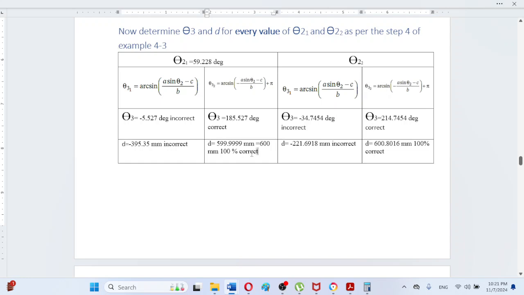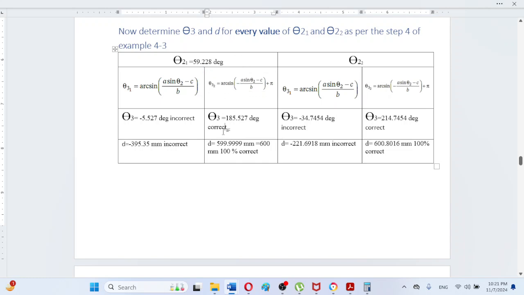Here the value of d has been verified, so the value of the connecting rod angle will be accepted, and that formula will be used, which gives the correct value of the slider.